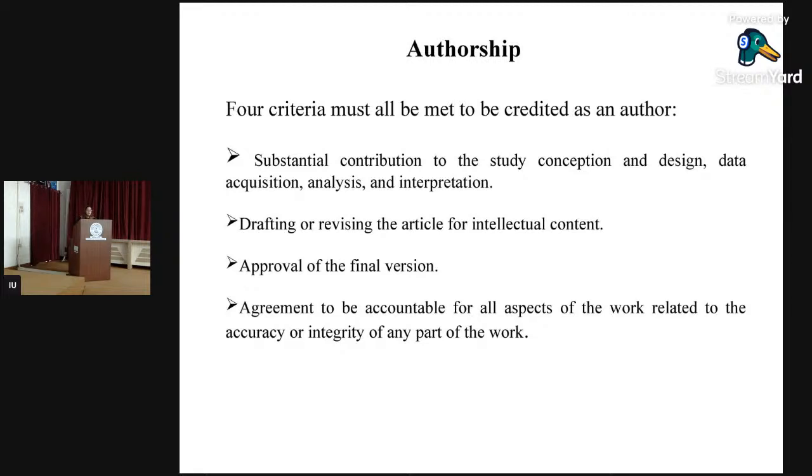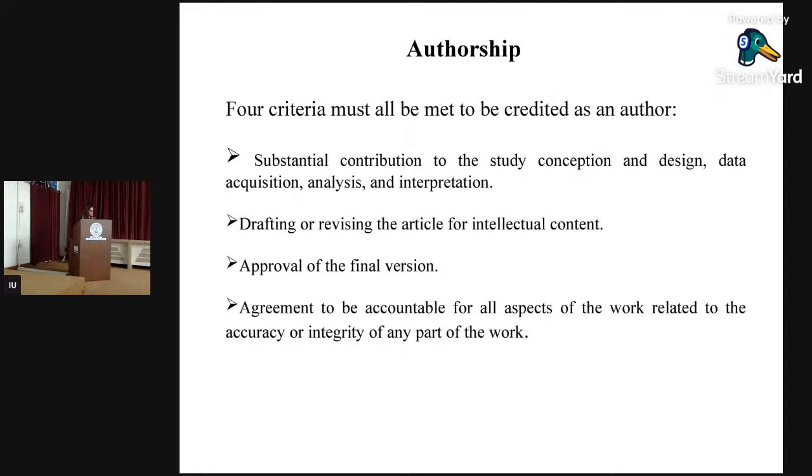Four criteria must be met to be credited as an author: substantial contribution to the study conception, data acquisition, analysis, and interpretation. Now, there is a caveat here, sometimes people want to be part of the authorship. Maybe they have conducted some experiment, and that was a part of their job. For example, somebody is operating a machine, right? A big machine, maybe XRD machine or some other machine.